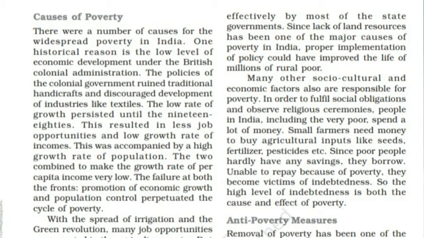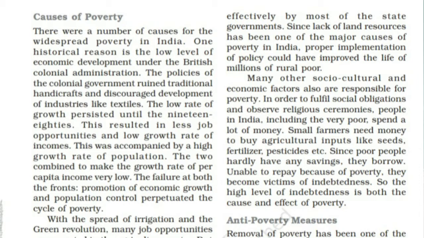So the two combined make the growth rate of per capita income very low. So what happened here? High growth in population. This rapid growth of population, especially among the poor people, is one of the major reasons for Indian poverty.